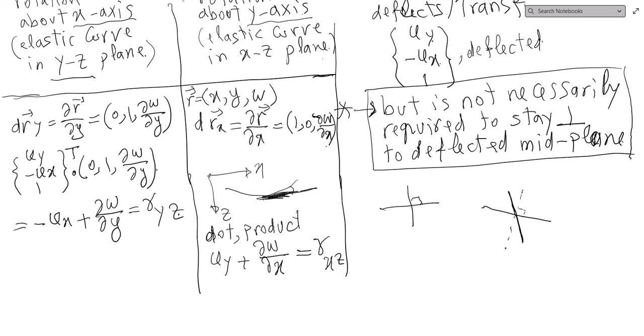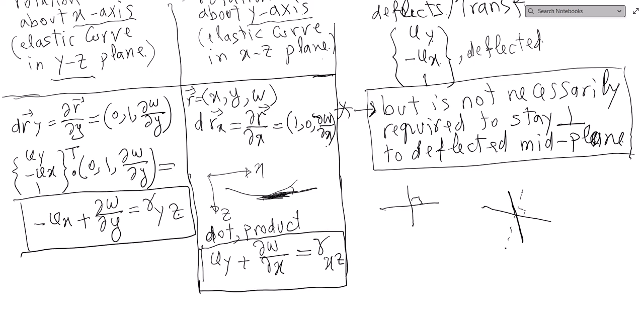Okay, so let's put equal here and get rid of equal here. And then these two relationships are key in Mindlin plate theory. Key relationships.